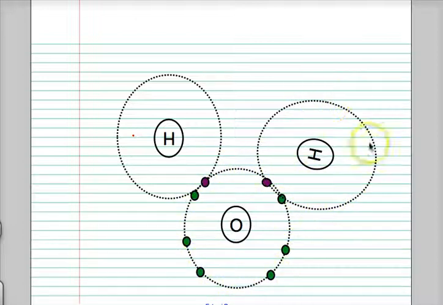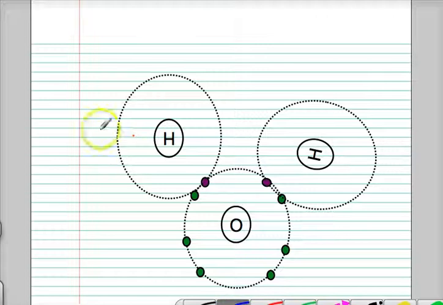The hydrogen only has one orbital. Initially it had one electron, but now it's sharing with oxygen, so each hydrogen appears to have 2 electrons in its valence orbital. So full valence orbitals for all. So this is a molecule of water.